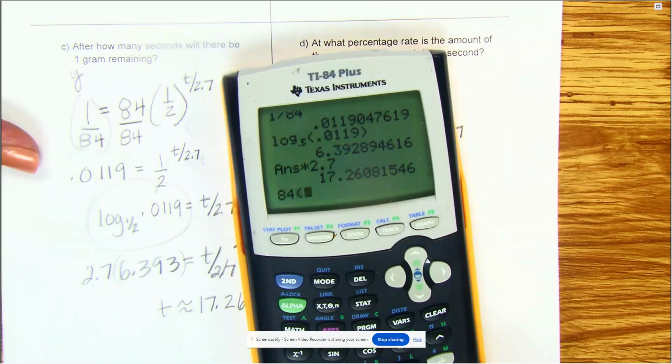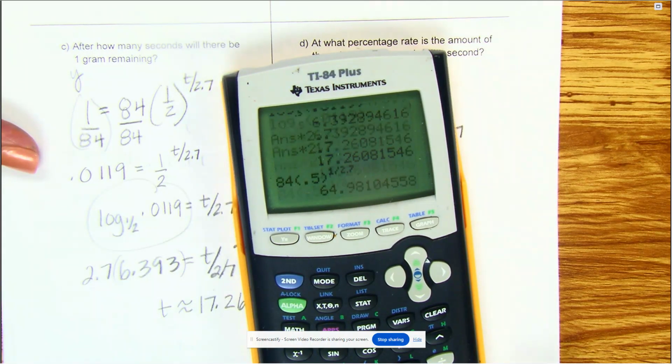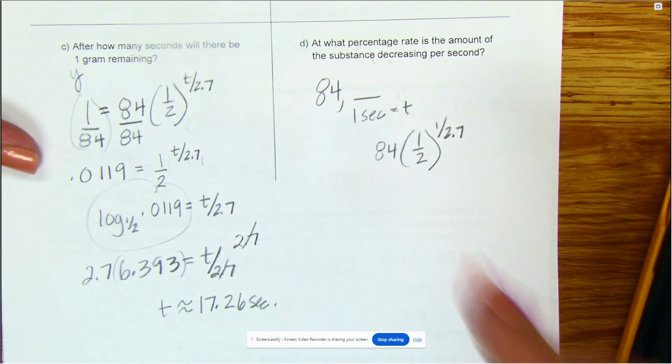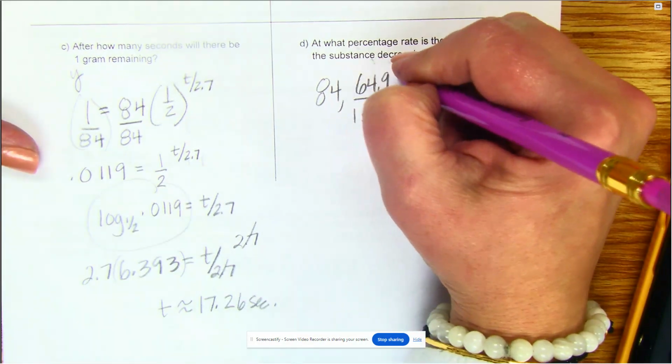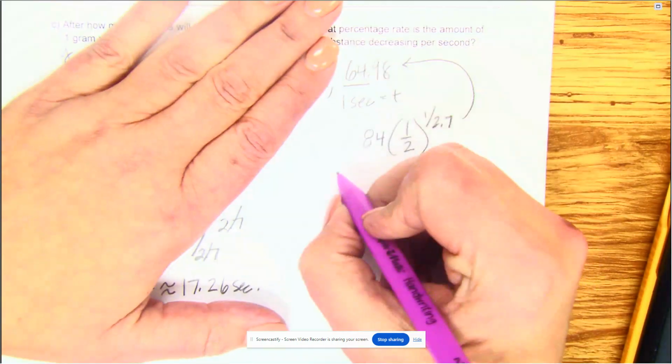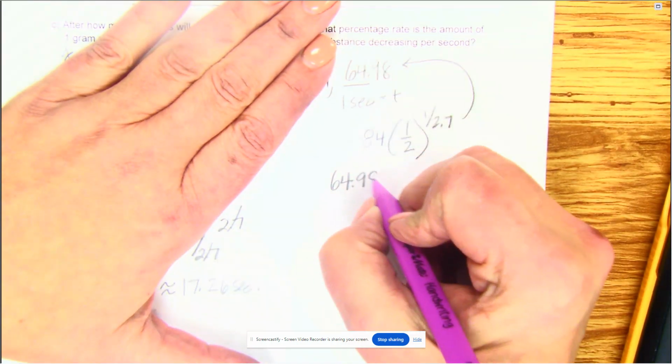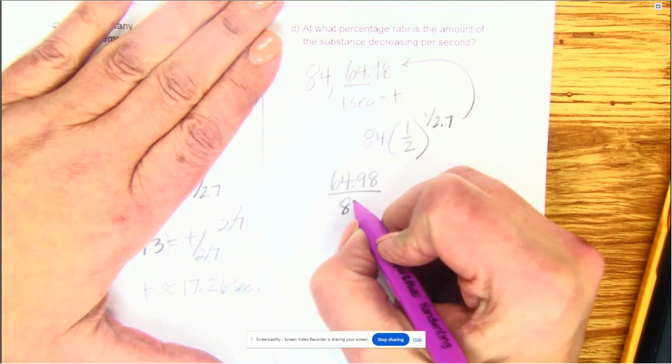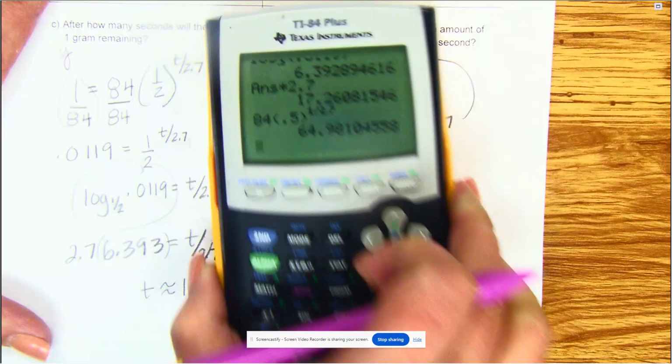Type that into my calculator. So after 1 second, there's 64.98 left. So now I'm going to take 1 second divided by how much was there to start with.